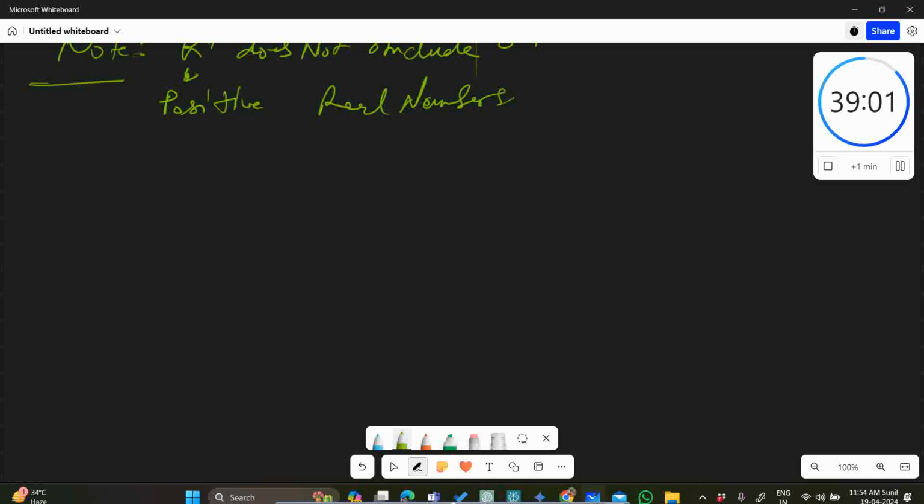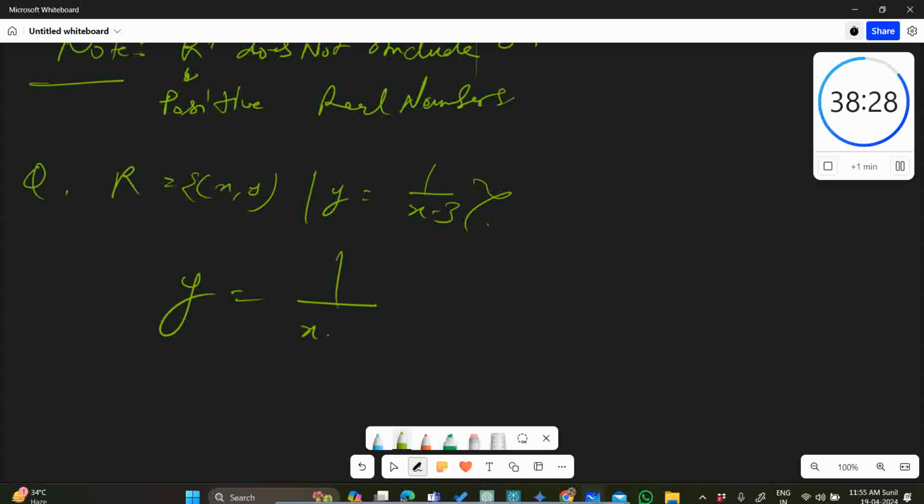The next question is, there is a relation where y is equal to 1 upon x minus 3. So how can we find the domain and range? What is the input for this?